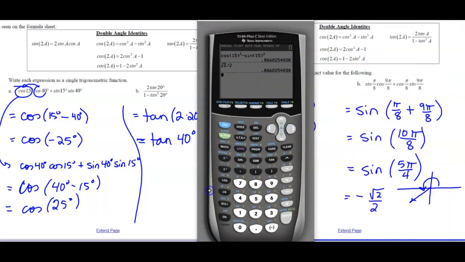Okay. In your calculator, now we're in radians. Okay, so sine of pi divided by 8, close the brackets, times cos 9 pi divided by 8, close the brackets, plus cos pi divided by 8, bracket, sine 9 pi over 8.